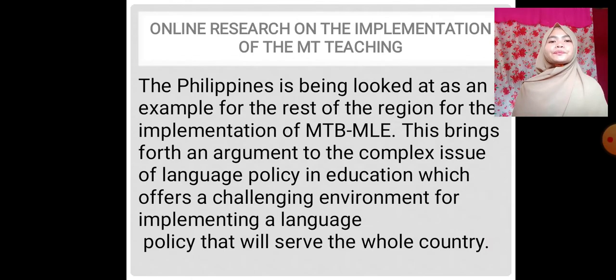And the Philippines is being looked at as an example for the rest of the region for the implementation of MTB-MLE. It's so amazing that our Philippines is an example for the region.